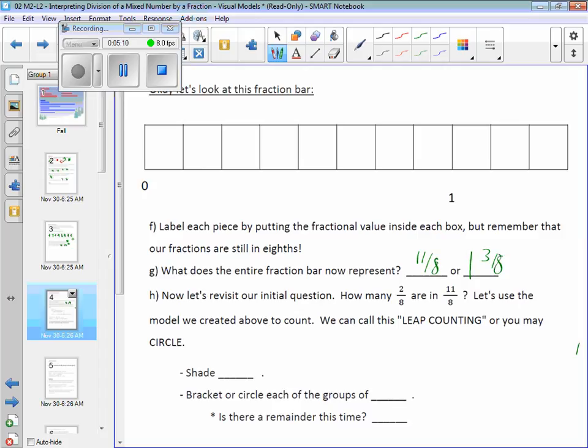How many are you going to shade? How many can you shade? Yeah, shade 11.